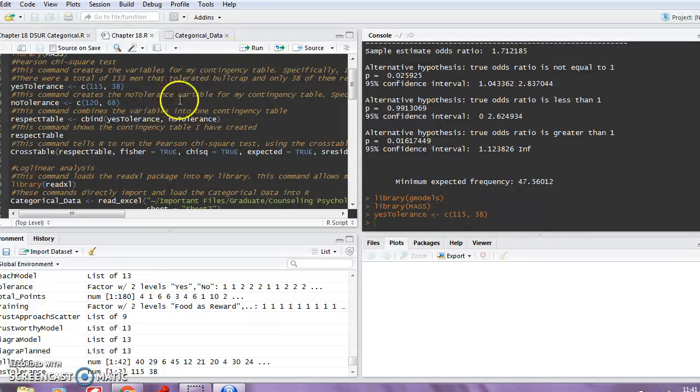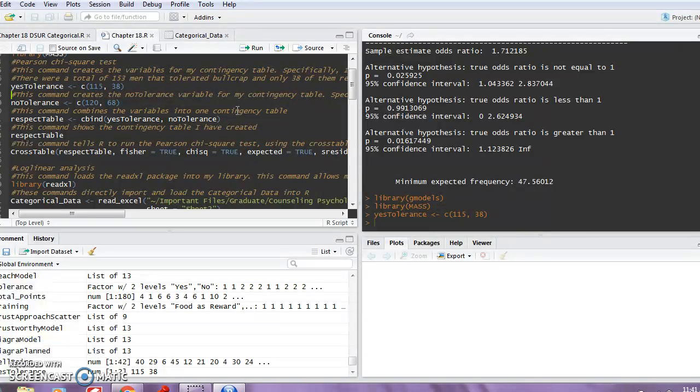This command here is no tolerance. This variable reflects the men who do not tolerate bullshit from their partner and receive respect or do not receive respect. A total of 188 men stated that they did not tolerate bullshit from their partner.